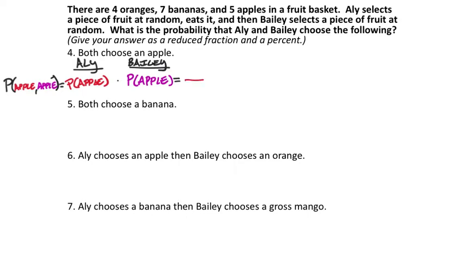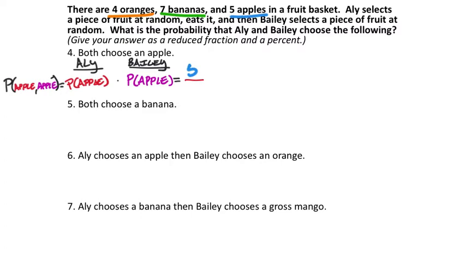We've got 4 oranges, 7 bananas, and 5 apples. So when Allie goes into the fruit basket, because she's going first, she will find that there are 5 apples to choose from. Out of how many total? Let's see how many total pieces of fruit there are.